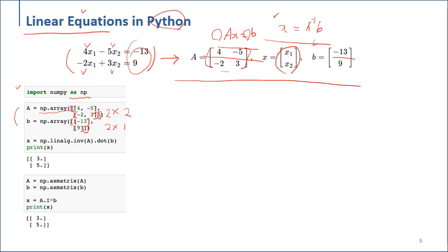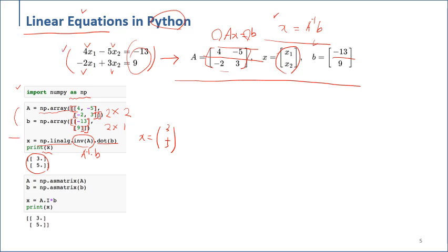For this, we need to use the NumPy linear algebra function inverse, and by taking the inverse of A, we can calculate A inverse, and by using dot B, we can calculate x, which is equal to 3, 5. So here you are able to obtain the solution of this set of linear equations.